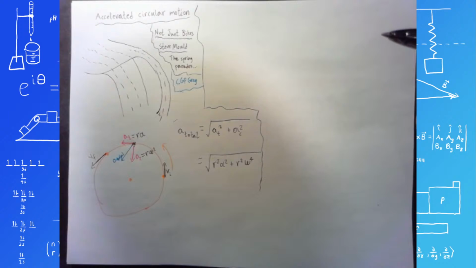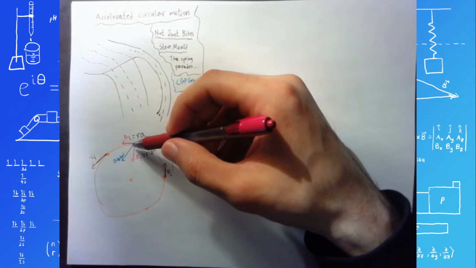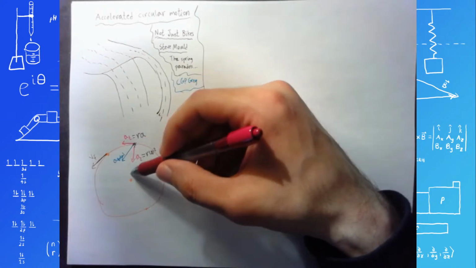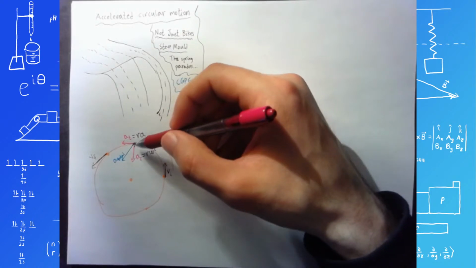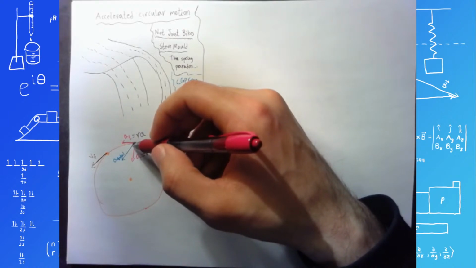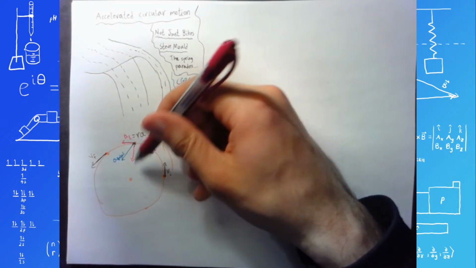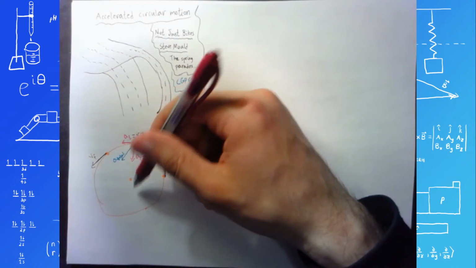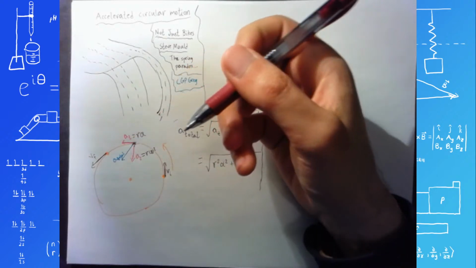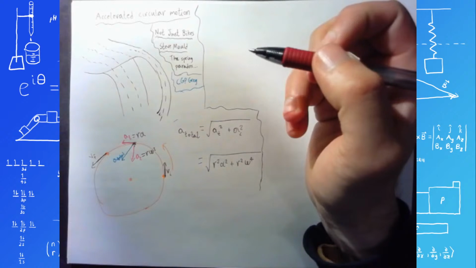The point is that the acceleration on an object that's moving in a circular path is not necessarily perpendicular to its motion. It could be at an angle to its motion, though I guess it would be more biased towards the perpendicular direction, but it really just depends on how big this angular acceleration even is.